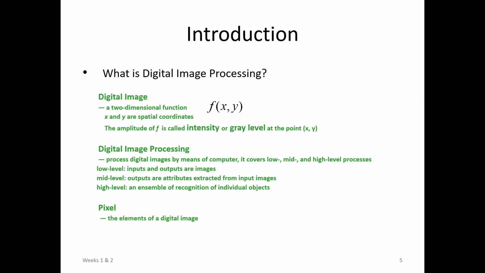If we are talking about low level processing, we are talking about input images and output images: from the input images we work on the pixel values and produce the output images. Operations such as image enhancement can be performed under the low level.